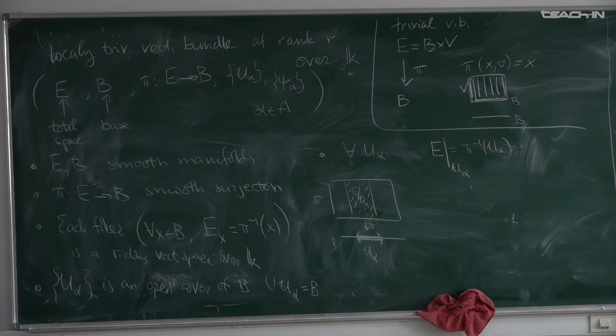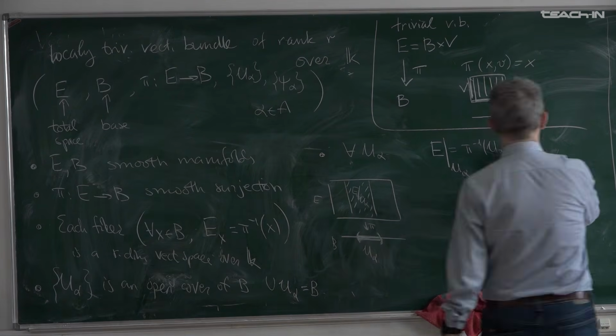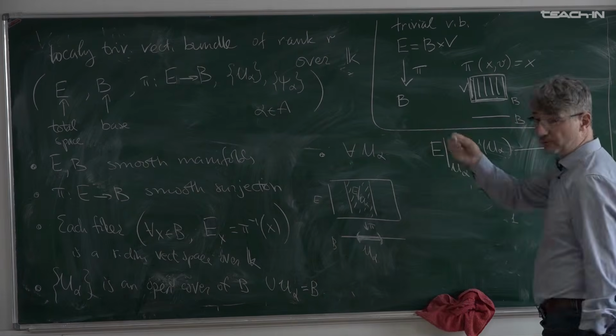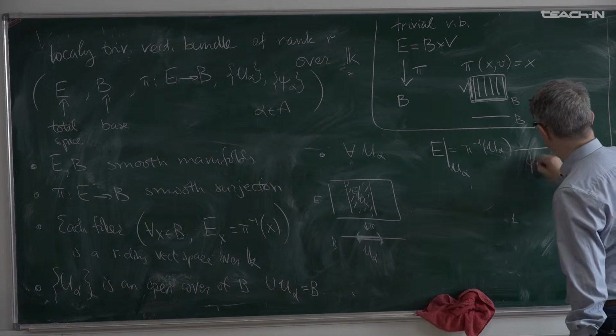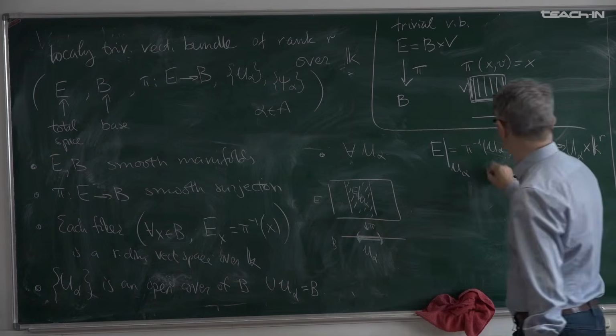So we require that this part of the total space is a trivial vector bundle. And moreover, we fix this trivialization. So we require, this is part of the structure, psi alpha. Here we have the direct product with k to the power of r.